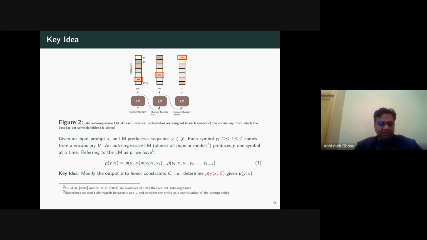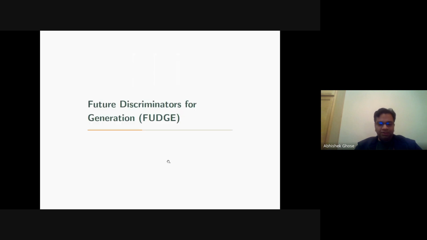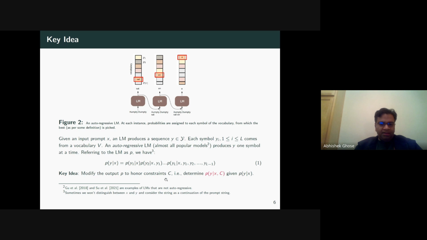In this language, what are we trying to do? If you have a constraint C, the control that we want to impose on the output text, the idea is that you want to modify P such that instead of P(Y given X), you produce P(Y given X, C).